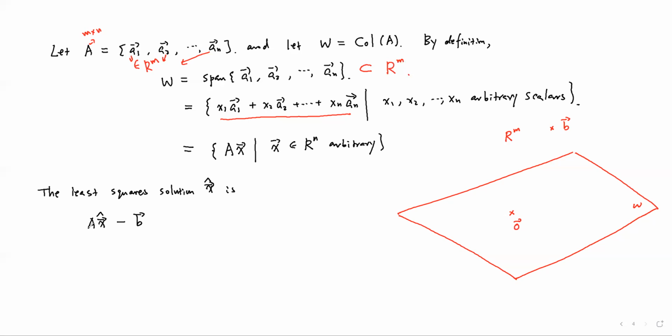That means A times x hat is a point in W. W is the set of A times X, any X. So A times x hat is a point in W. Minus B, the length, is the distance between this point and B.